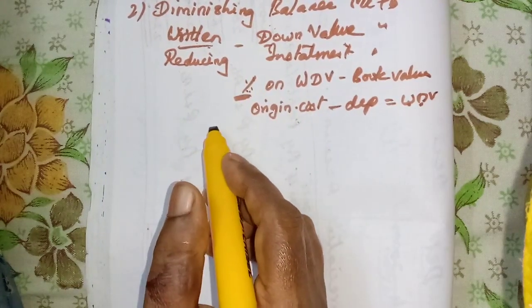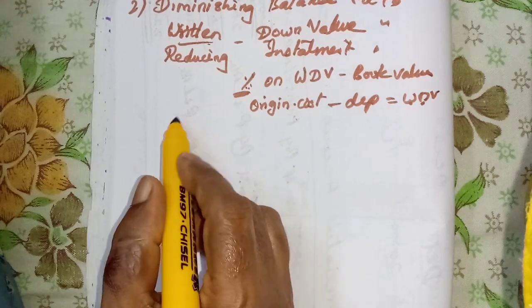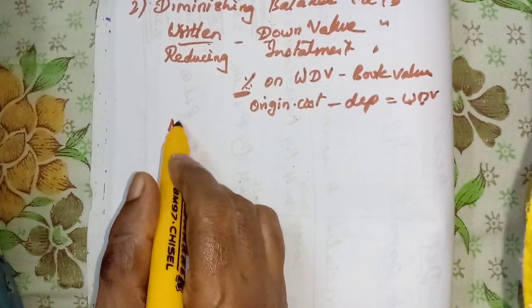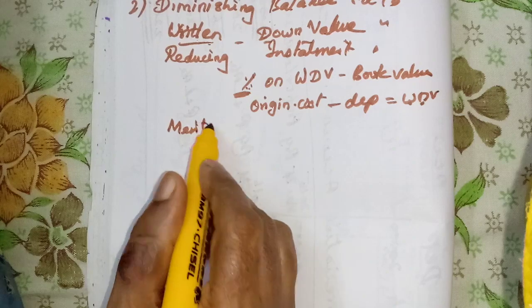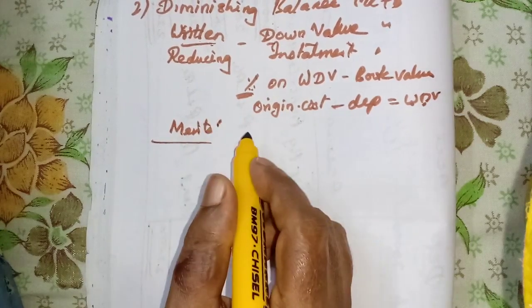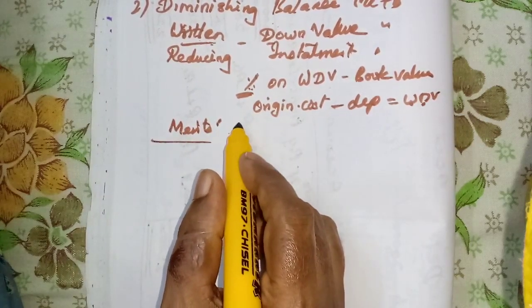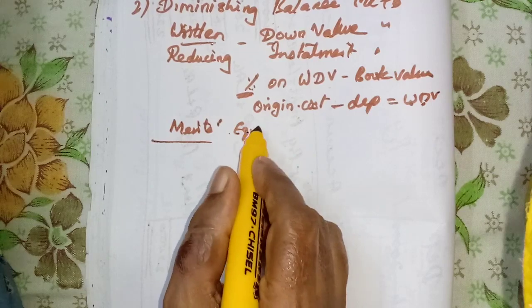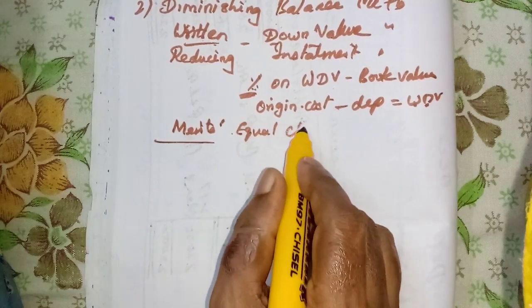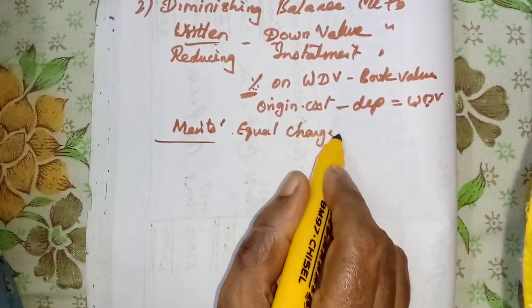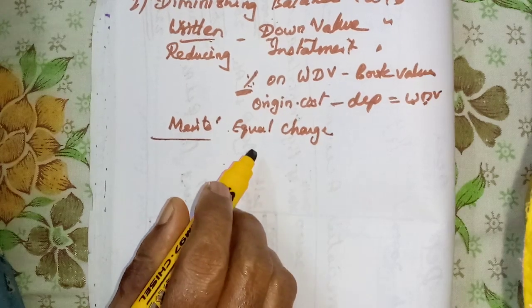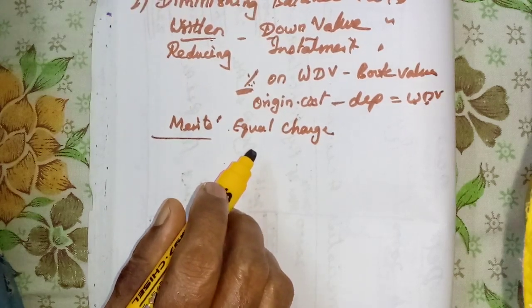And here we will learn the merits of the written down value method. What are the merits? Here it will be having equal charge because in the beginning of the life of the asset, it will not get more maintenance cost.